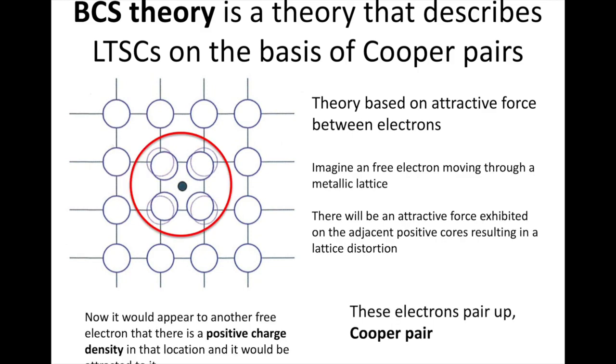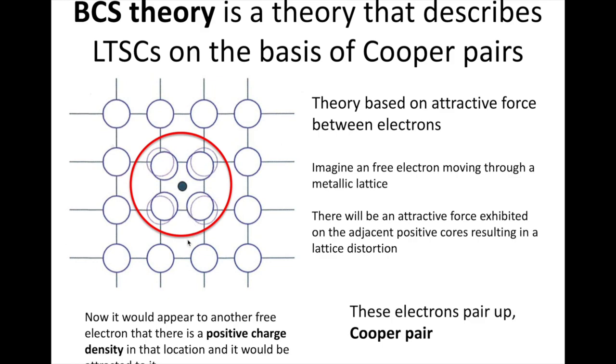So what that does is, now if you envision this whole radius, this whole thing I've highlighted in red, where we have a free electron and the positive cores are slightly moved toward that free electron.